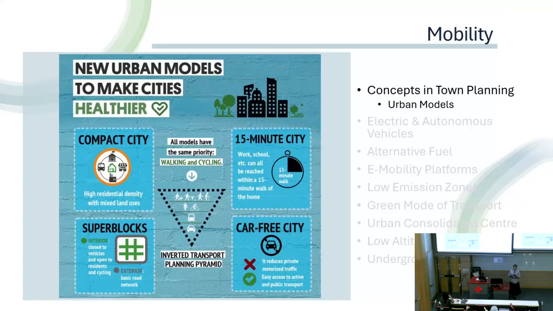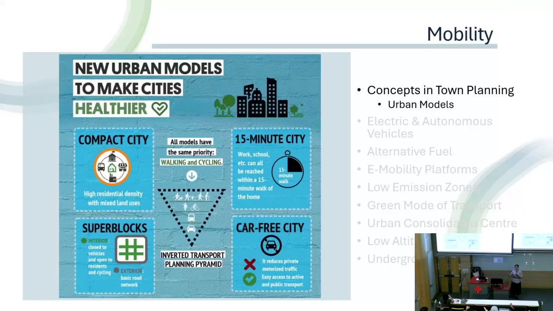Because we're trying to make it more compact, it makes it slightly easier to incorporate ideas such as superblocks and car-free cities. These are typically linked together because with superblocks, we're trying to build a big chunk of area that is walking only, pedestrian only, and we're limiting the number of cars coming into this particular block.